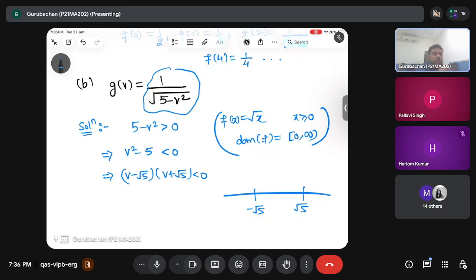At 3, positive. Between minus root 5 and root 5, if you put 0, then LHS will be negative. And when you put any value like minus 3, it is positive.